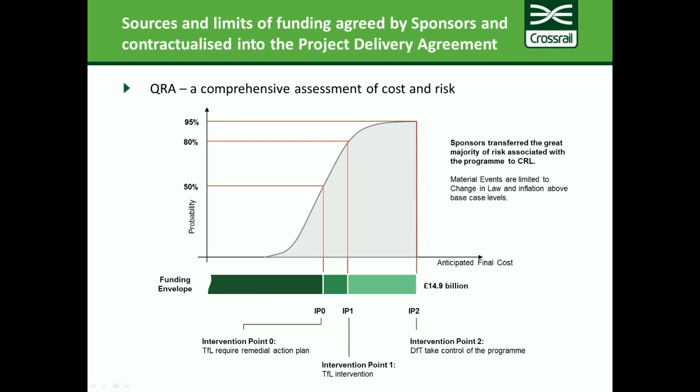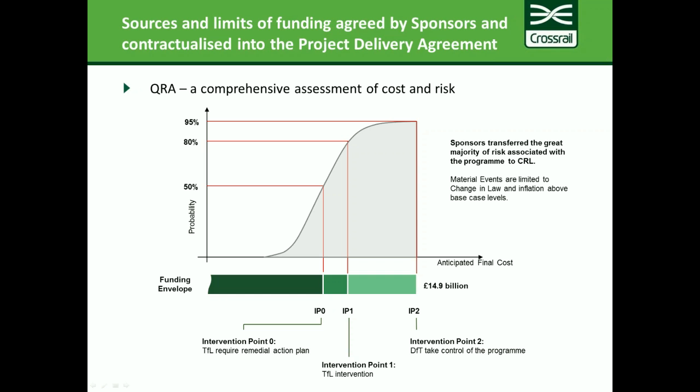These are intervention points which the sponsors hold and are able to use to monitor the project organisation in terms of managing its cost. And they give a kind of early warning to the sponsors of cost escalation and cost pressure, in order to avoid the kind of experience that, as I said already, major projects had prior to 2009, and particularly the Scottish Parliament.